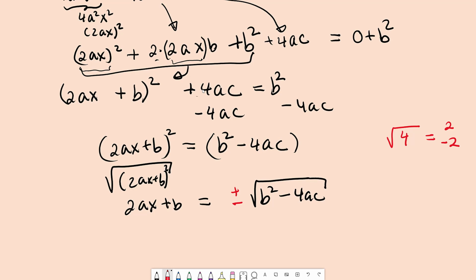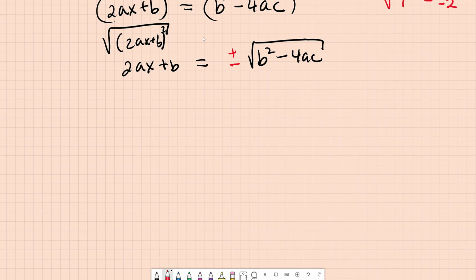So it's very important that we remember to take both of these results, meaning we can have a situation where 2ax plus b equals plus the square root, or we can have 2ax plus b equals minus the square root. So where does that lead us?